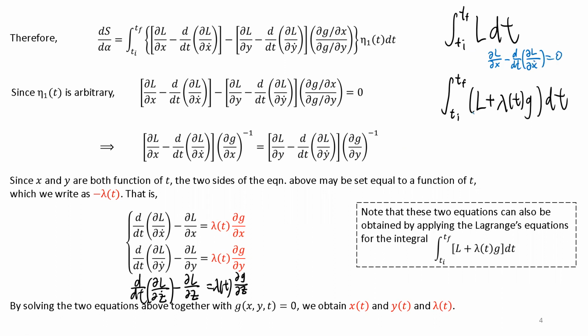If I ask you to minimize this, okay, so what do you do? Right, so what you would tell me is this: partial x of L plus lambda t g, minus d dt partial x dot of L plus lambda t g, equals 0.